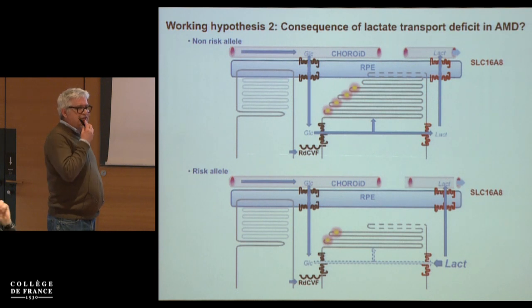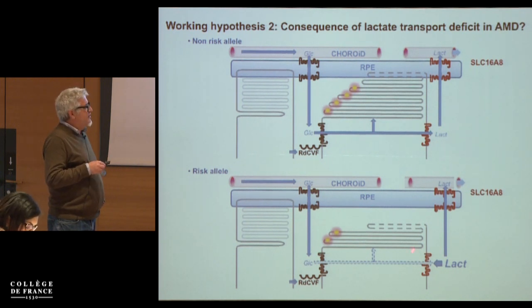So my question, the same kind of question as the one before, is: do you believe that you can revert the transport of the lactate transporter if you increase the lactate extracellularly?